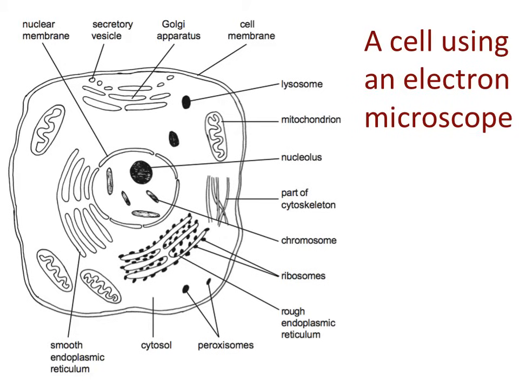Whereas cells which need less energy, such as those in the skin, for example, have fewer mitochondria. Liver cells and kidney cells are also very metabolically active, so they'll have large numbers of mitochondria in their cytoplasm.